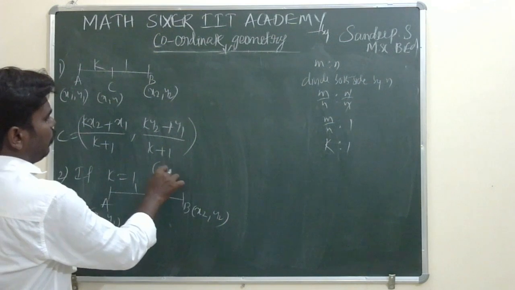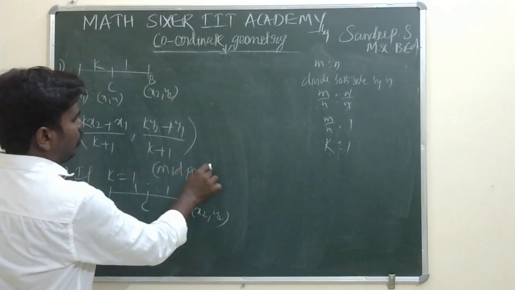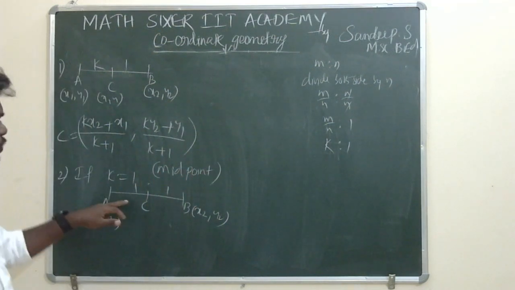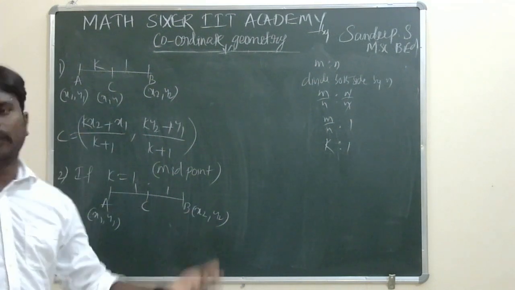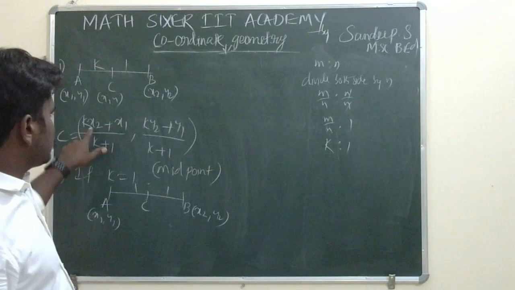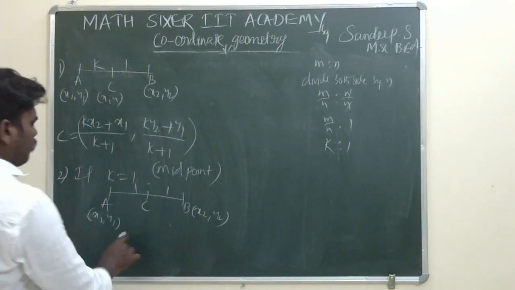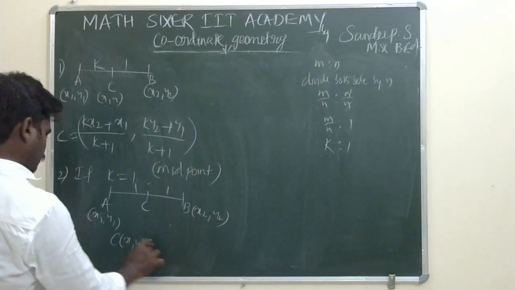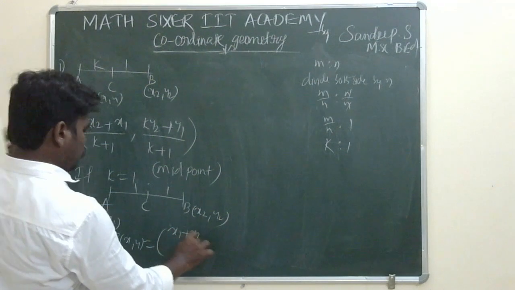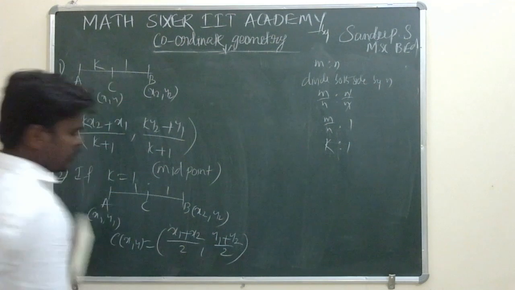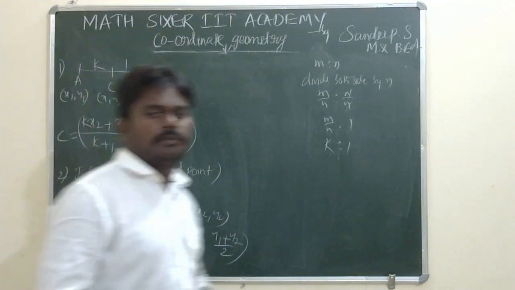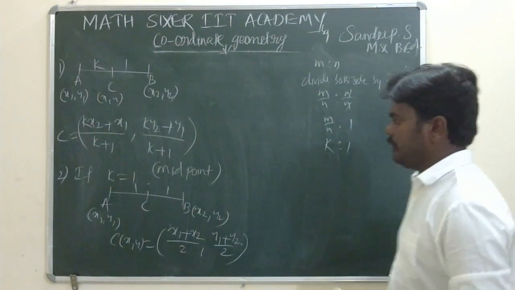So now we are going to find the midpoint formula. Simply substitute k equal to 1 in the formula and you will get the midpoint: (x1 plus x2) by 2, comma, (y1 plus y2) by 2. So this is the formula to find the midpoint of any line segment.